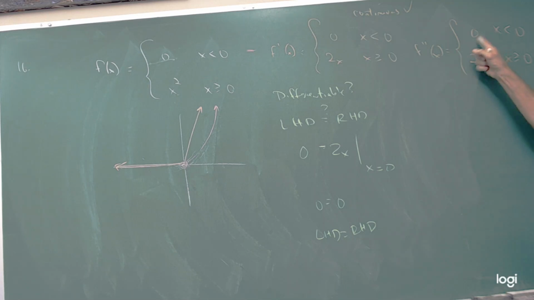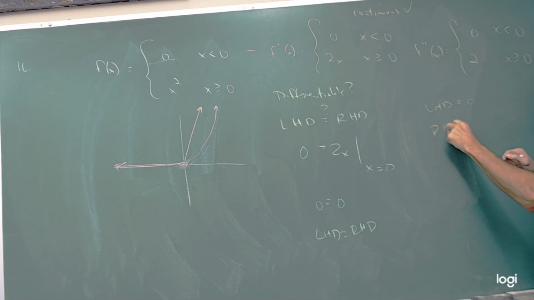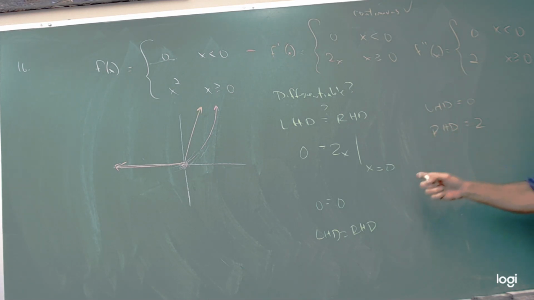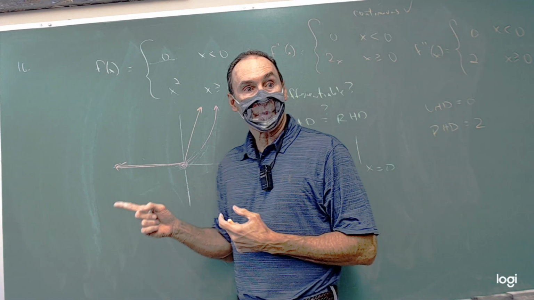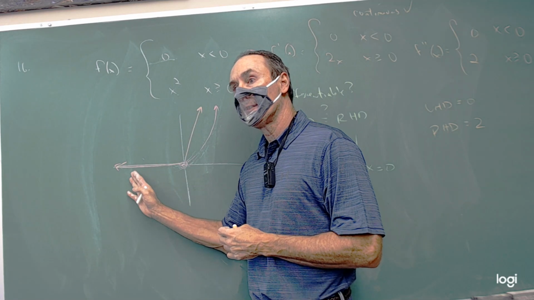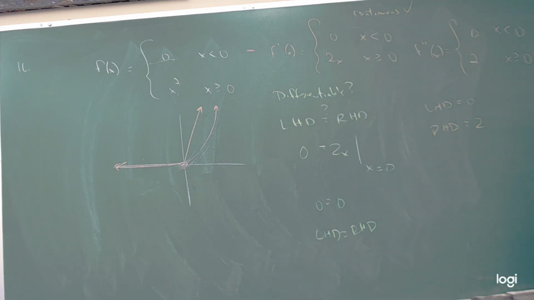So now the left-hand derivative is 0, but the right-hand derivative at 0 or anywhere is 2. And since the left-hand derivative is not equal to the right-hand derivative, this is not differentiable. That is, in fact, a corner point. So the way that the derivatives connect is not smooth like the way the original functions connected.